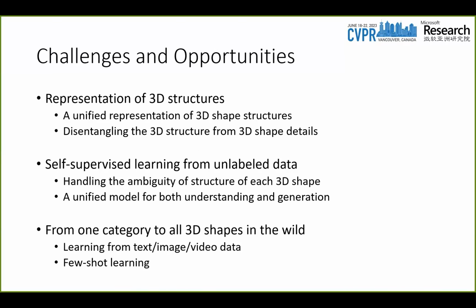Finally, it is still unclear how to extend 3D structure learning from the one shape category we have done here to all 3D shapes in the wild. And probably learning from text, image, and video data will provide helpful solutions here. We believe that these challenges are also big opportunities for 3D learning and generation.